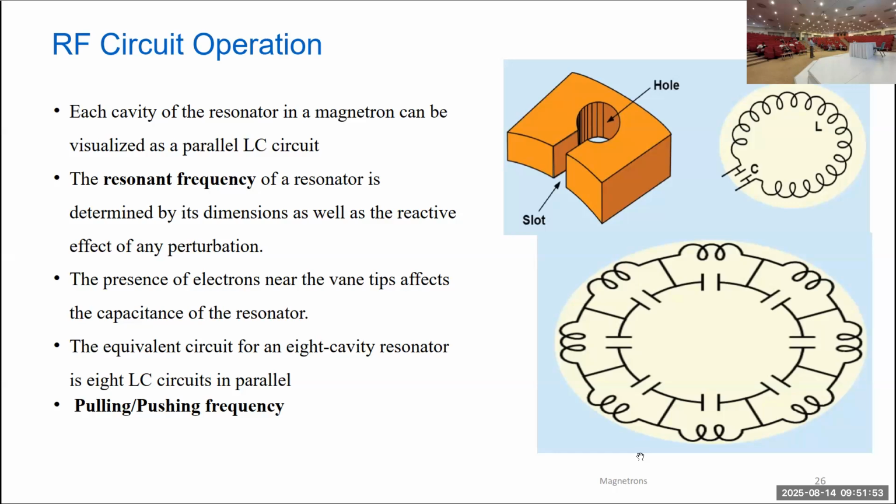In the spoke, if current is increased, the frequency will change because this capacitance will change. If it is decreased from those specific values, again the frequency will change.